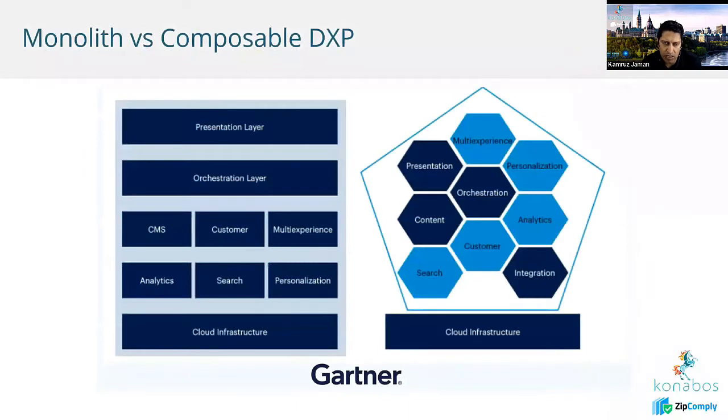So if we take a look at the traditional systems that we're used to, the monoliths, such as Sitecore and Adobe and all those other traditional CMS systems, they are all-in-one systems. So they will hold your content and your data, and everything around it is built on the platform using the vendor SDKs.